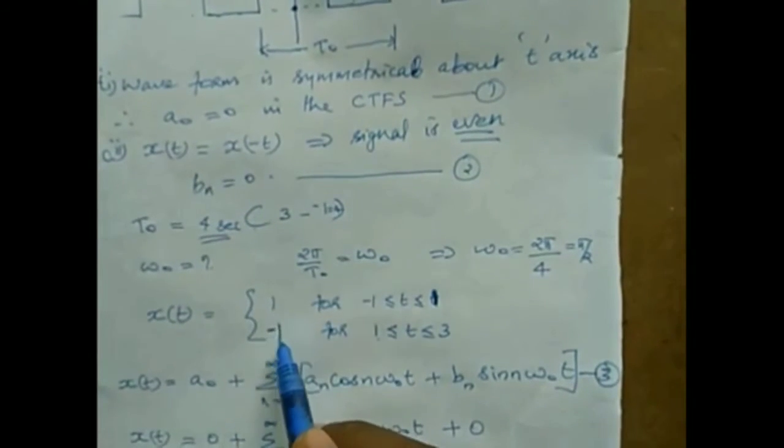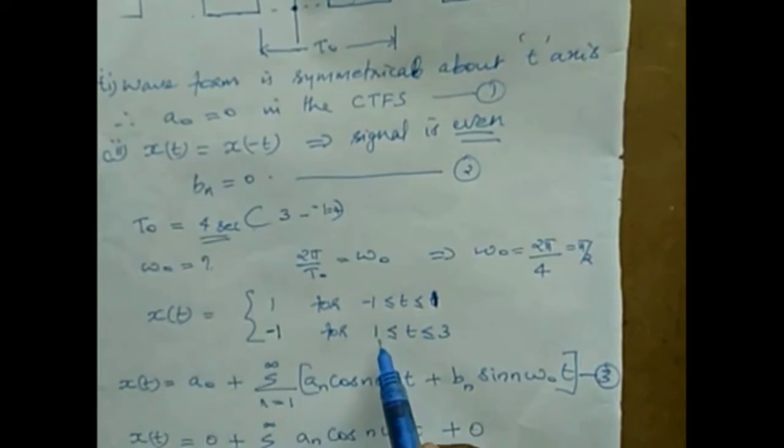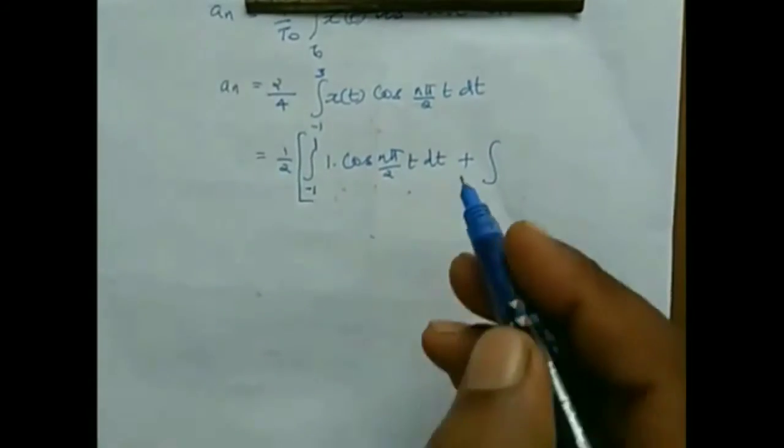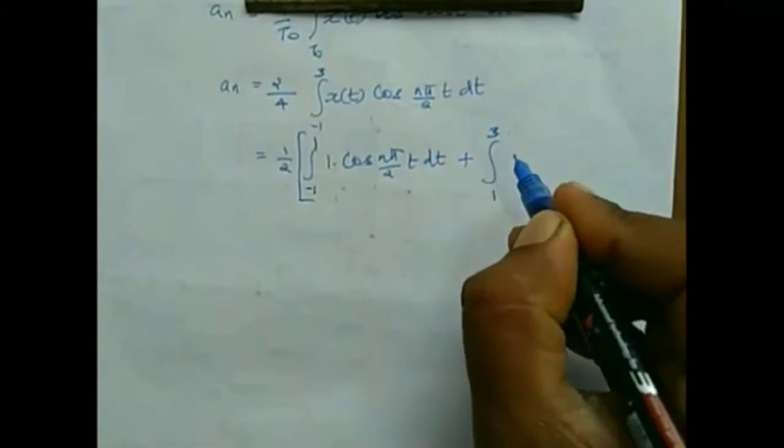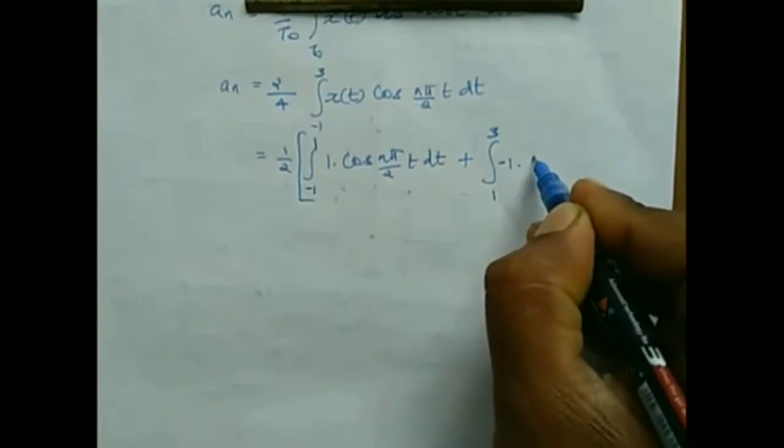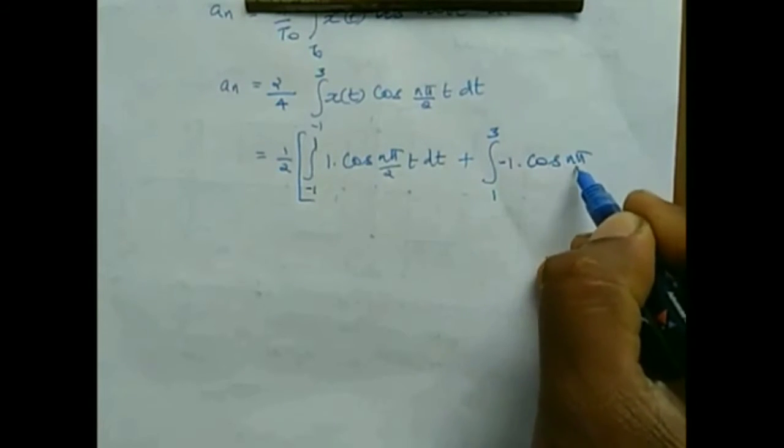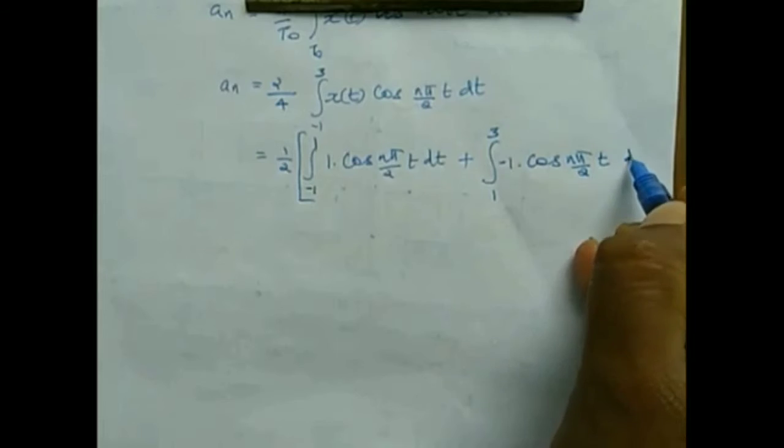The corresponding amplitude is equal to -1, which means x of t is equal to -1 from t equal to 1 to 3, so integral 1 to 3 of -1 into cos n pi by 2 t dt.